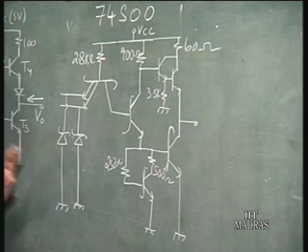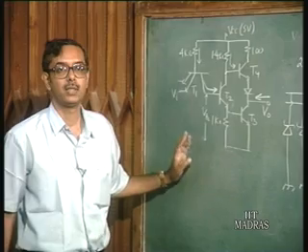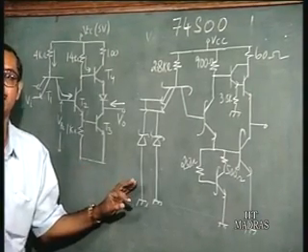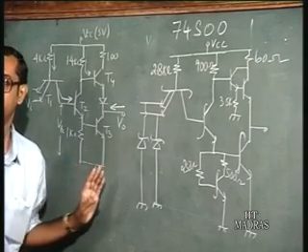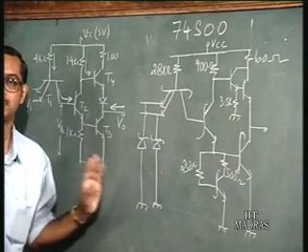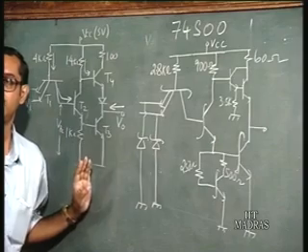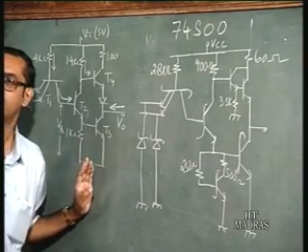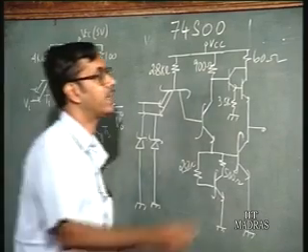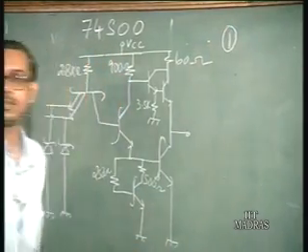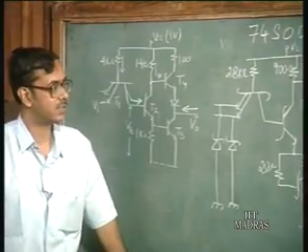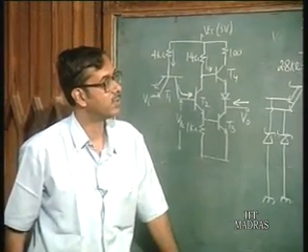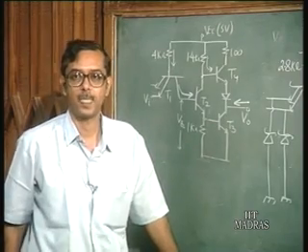We have both the circuits on the blackboard, the 7400 here, and by the side the 74S00. I can give you a hint: there are actually 6 major differences. It's like playing a game, having 2 figures and finding the 6 differences. Can you point out what the 6 differences are?